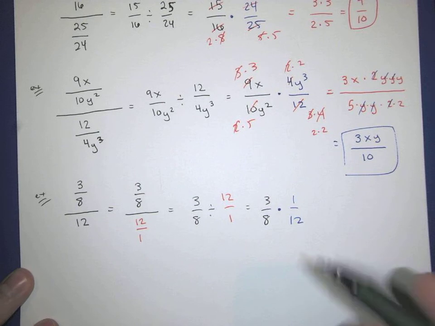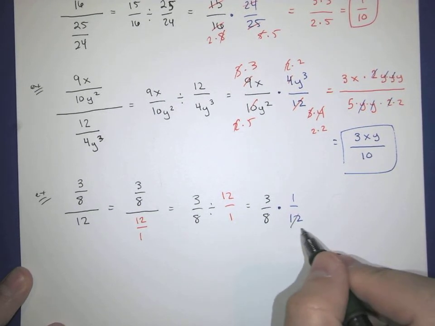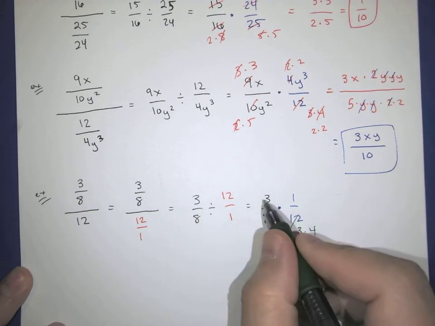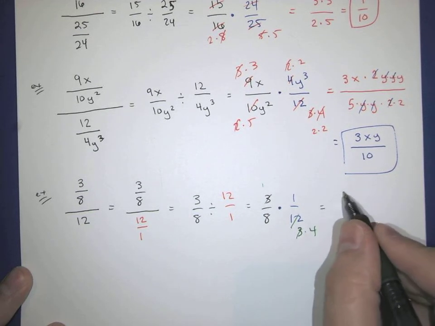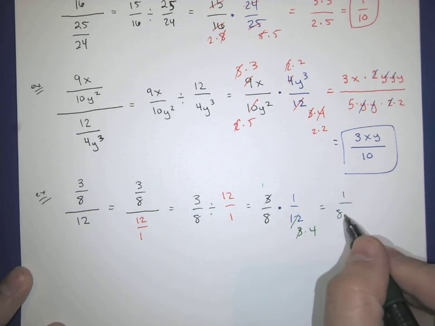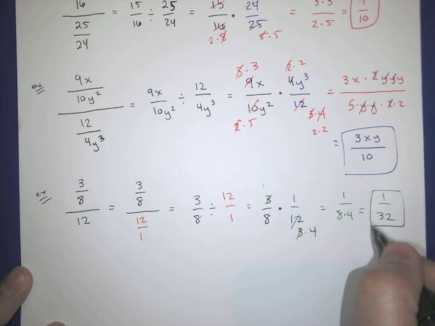In this case, one of our 4 positions is just going to be a 1. It's a trivial number. These numbers weren't so big to begin with. We're going to do 3 cancels 3. So this ends up as 1 over 8 times 4. So this becomes 1 over 32.